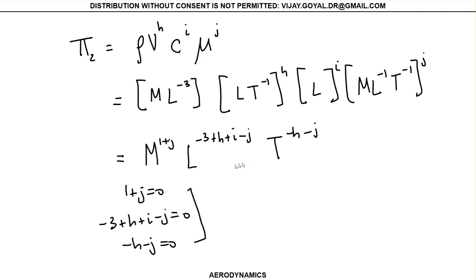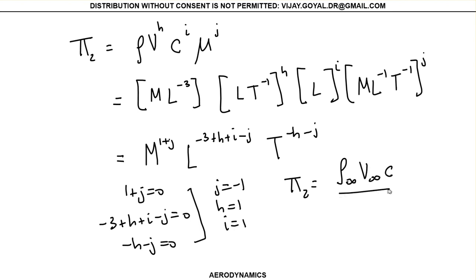From here, we find that J is equal to minus 1, H is equal to 1, and I is equal to 1. So what we are saying is that your equation pi 2 is nothing else than rho V c over mu.